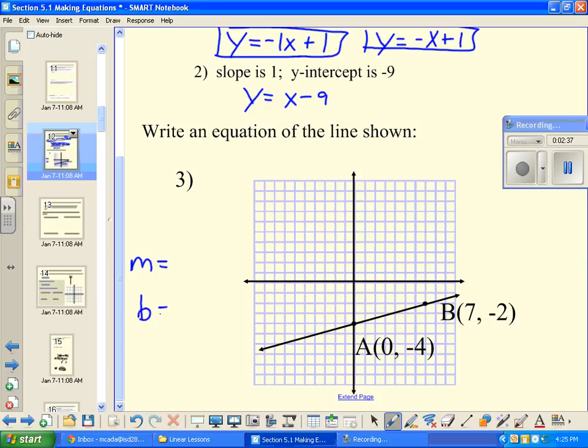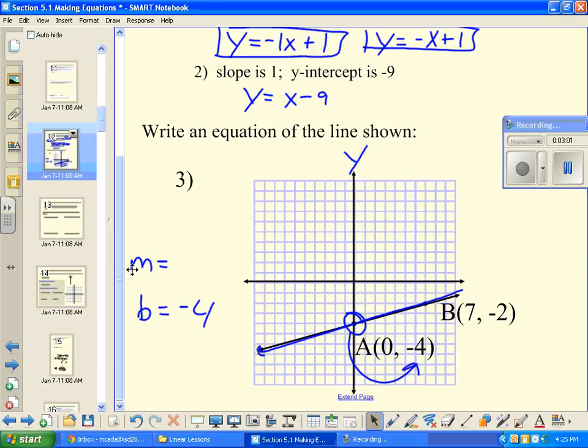For one, the y-intercept is just the point where the line crosses the y-axis. So this point, (0, -4), is the y-intercept. That's the point where the line goes through the y-axis. So I would say that the y-intercept is -4. It's just down 4 from the origin.